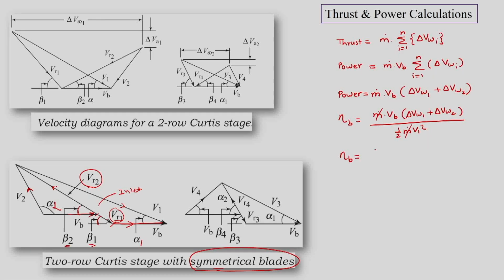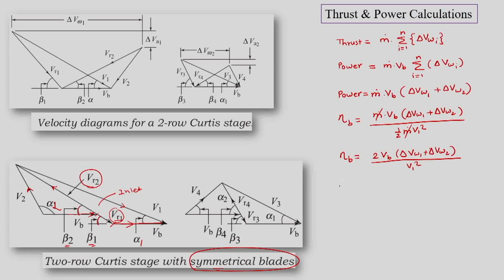So blade efficiency or diagram efficiency is 2 into VB into delta VW1 plus delta VW2, divided by V1 square.